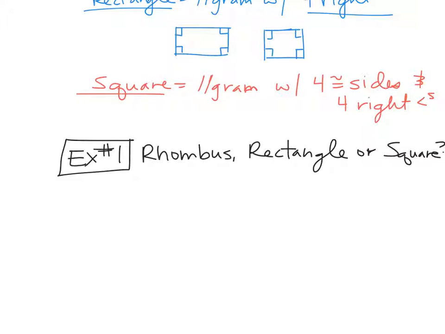Okay, so is this a rectangle, a rhombus, or a square? If I tell you that it is a parallelogram, and I give you one right angle.